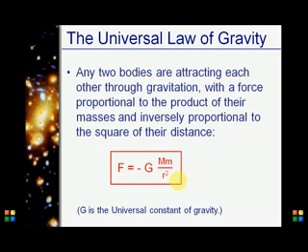No, we also attract the Earth, but the attraction is going towards the Earth because the Earth is more massive. No comparison, okay? It's very massive. We're very small compared to the Earth.